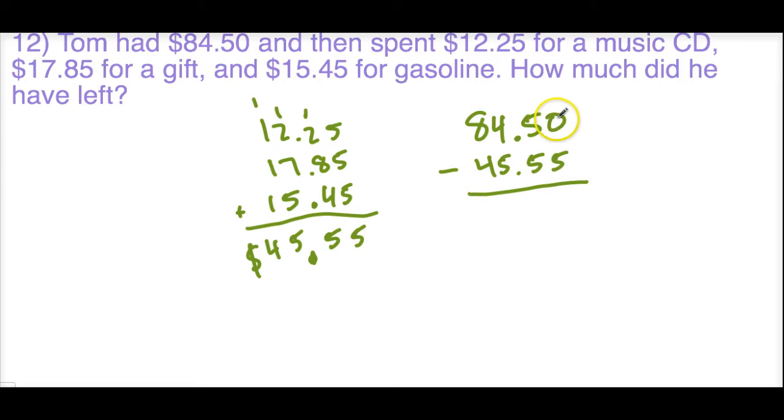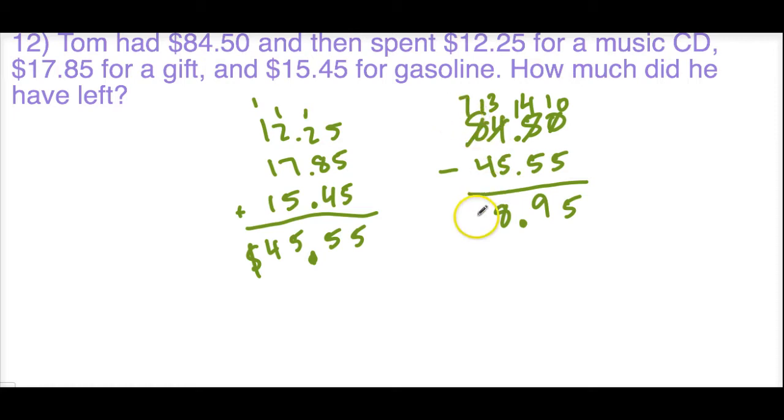I can't subtract here, so I've got to regroup and borrow from here. And now I've got 10 minus 5 is 5. I can't again, so I've got to borrow from here. And I'm adding 10 to this group, so 14 minus 5 is 9. Bring my decimal down. Again, I can't subtract. Got to borrow again. 13 minus 5 is 8.